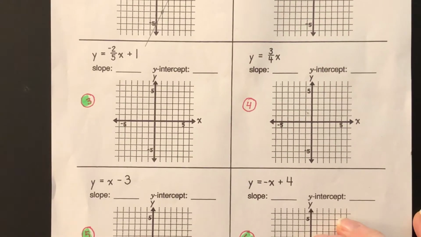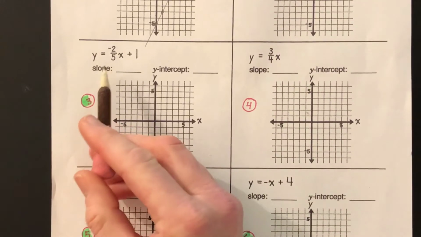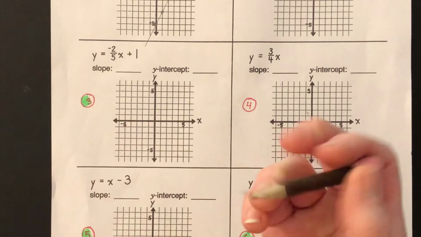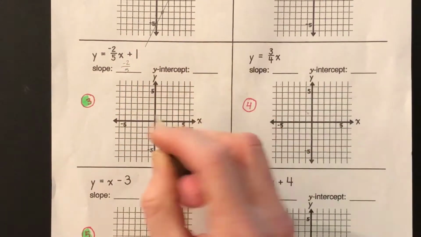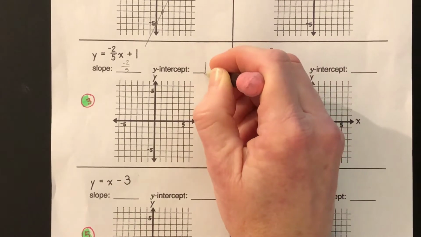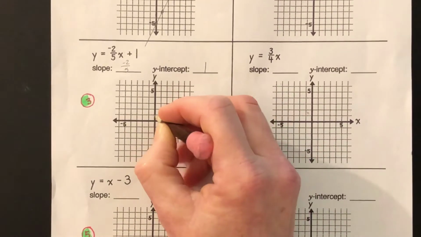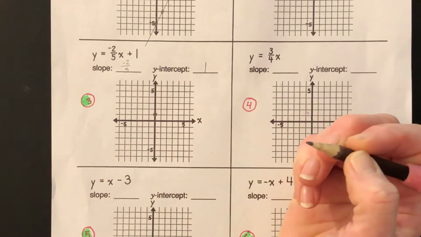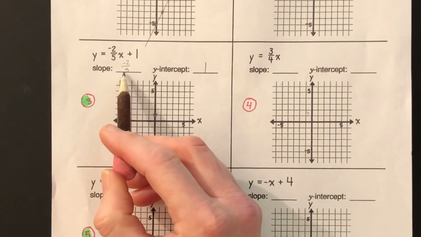Down to number 3, slope y-intercept. Our slope is negative 2/5. Our y-intercept is 1. Let's start with our y-intercept. We have a 1. We'll do our slope. It's negative 2/5.